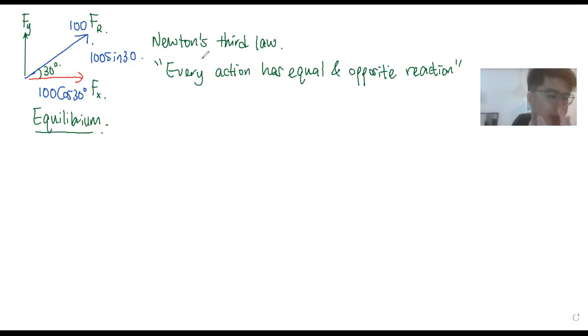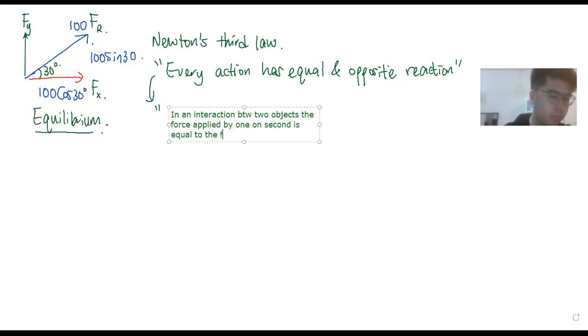So this is a very general saying, but if you convert it into real meaning, let me write it out for you. This is the real meaning of this sentence: in an interaction between two objects, the force applied by one on the second is equal to the force applied by the second on the first, in exactly the opposite direction.